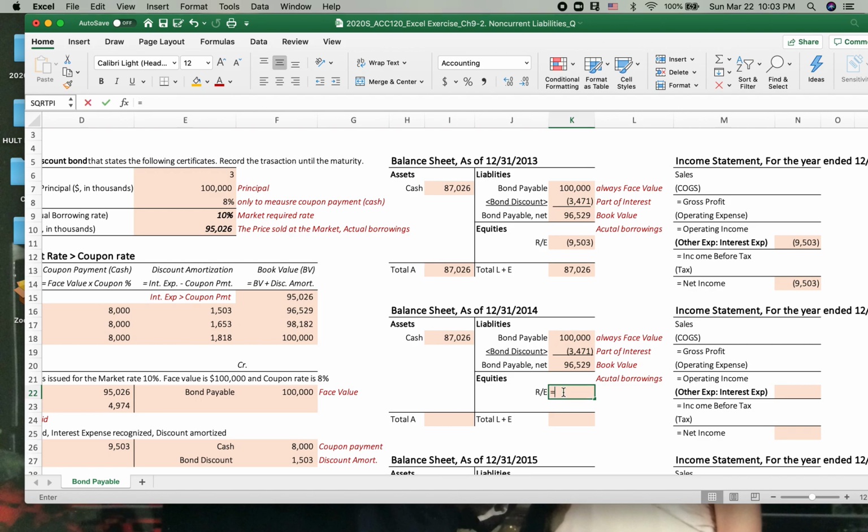Okay, and then retained earnings. Always you have to start because the ending balance of the prior year is the beginning balance of the second year. So it should be cumulated. That's why we record as of December 2014.